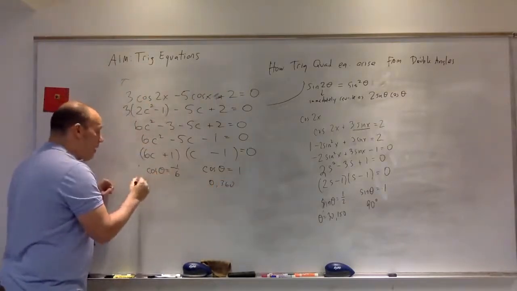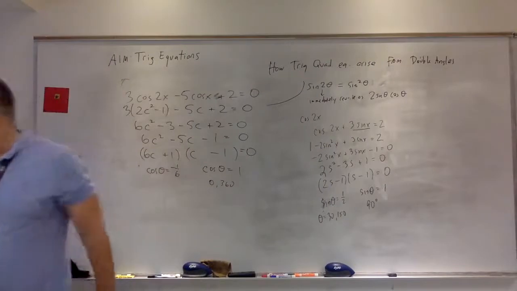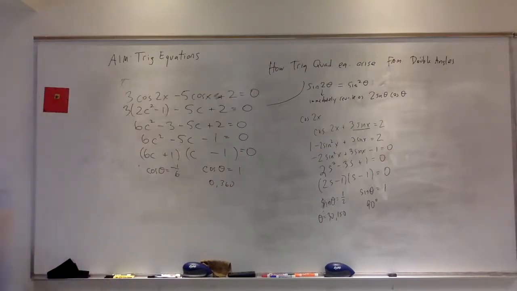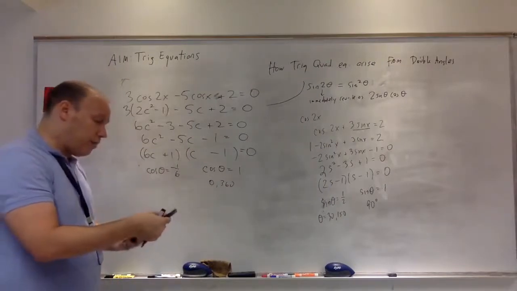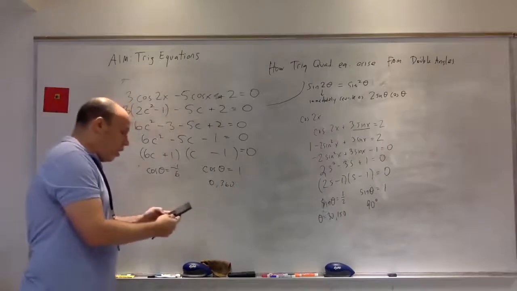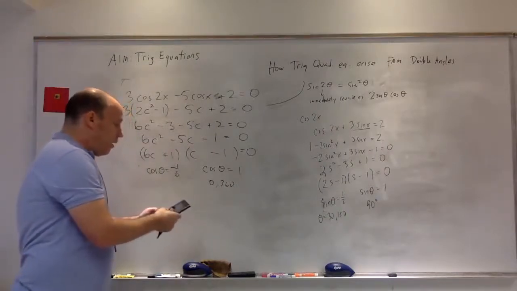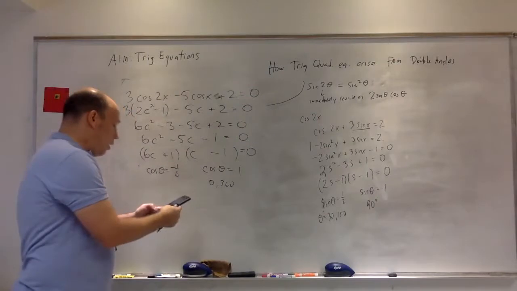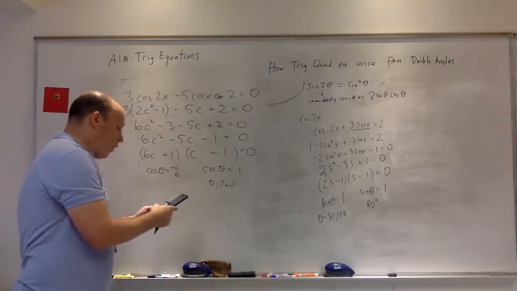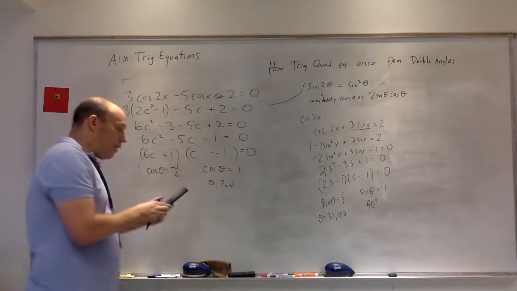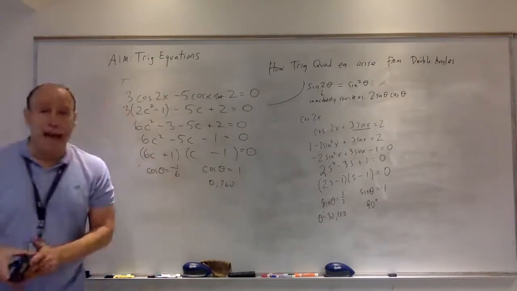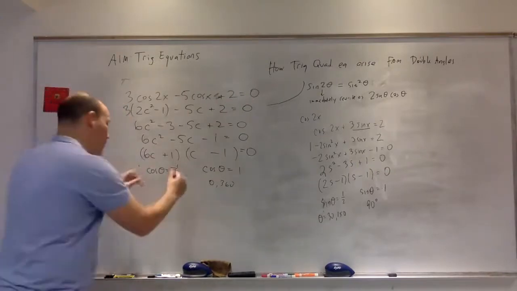It's negative, so let's see, I can do this right now. We turn our calculators on, and we do inverse cosine of negative 1 divided by 6, enter. It gives us 99.6 degrees, the angle in the second quadrant.